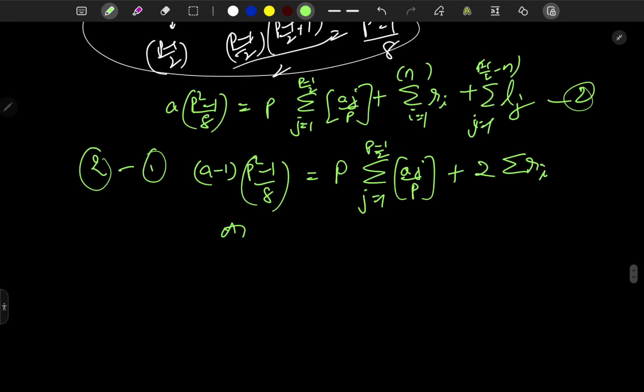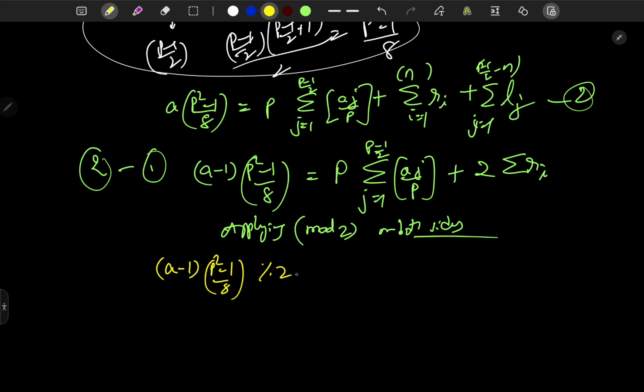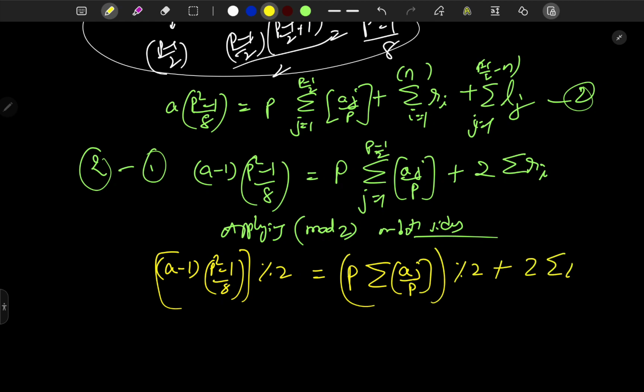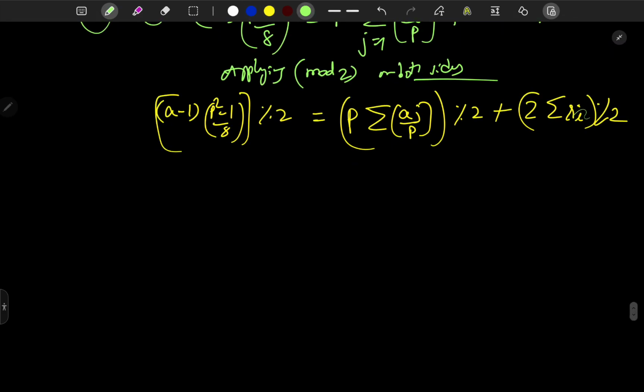Now applying mod 2 on both sides. So what will happen, tell me? (a minus 1) into (p square minus 1) by 8 mod 2, into p sigma floor(a_j by p) mod 2, plus 2 into sigma r_i mod 2. Let's take it as some k.